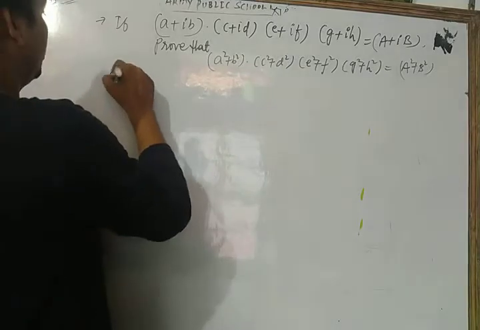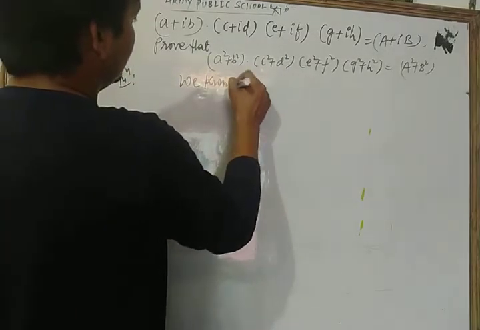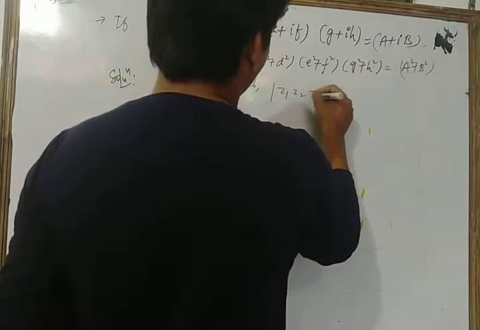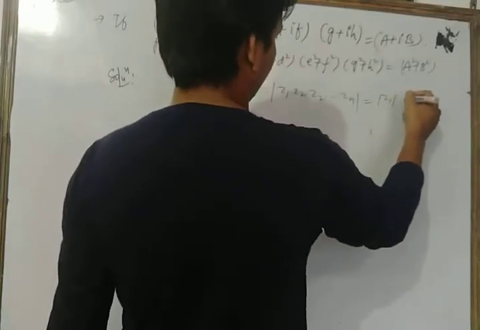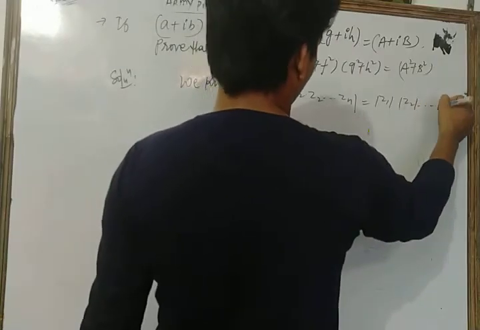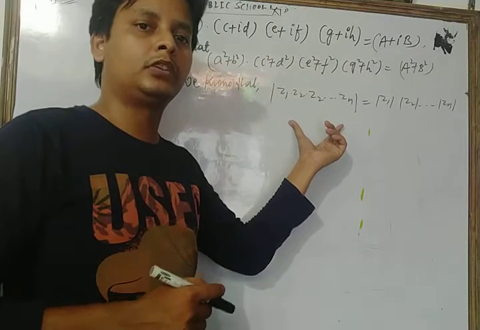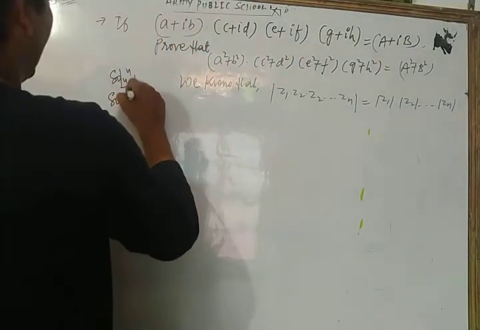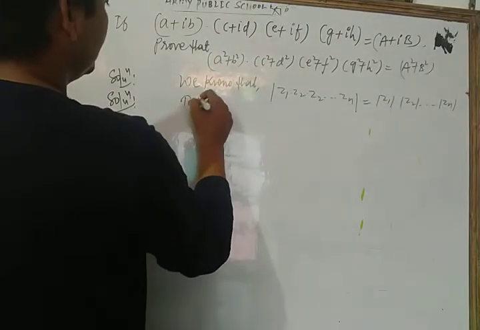Let's see its solution. We know that mod of z1 into z2 into z3 and so on zn is equal to mod of z1 into mod of z2 and so on mod of zn. We know this property of the modulus of any complex number. So here, dear students, first we write it as it is, taking modulus both sides.